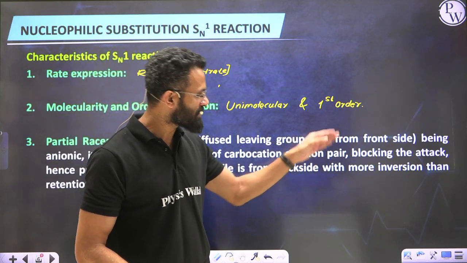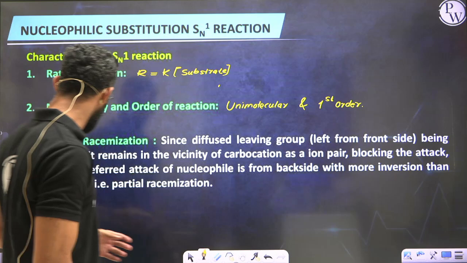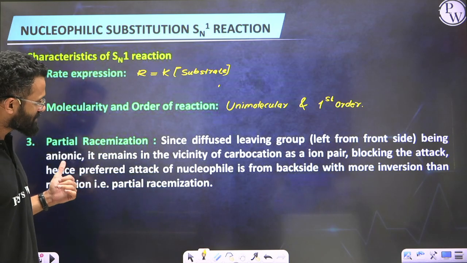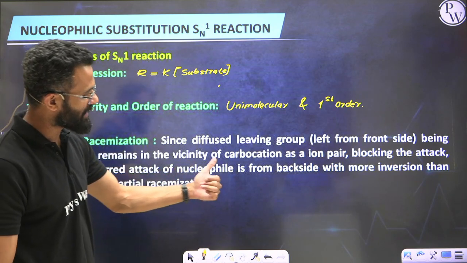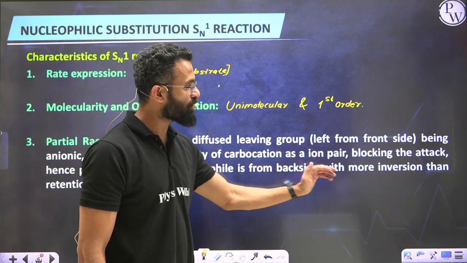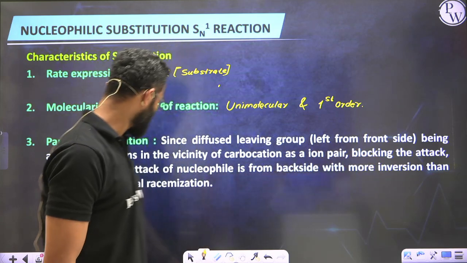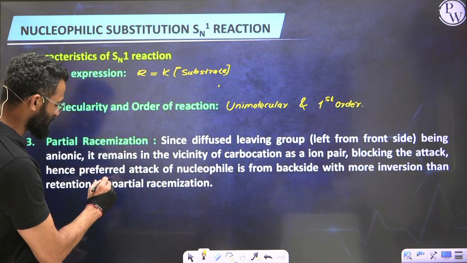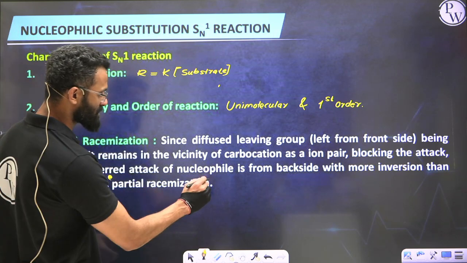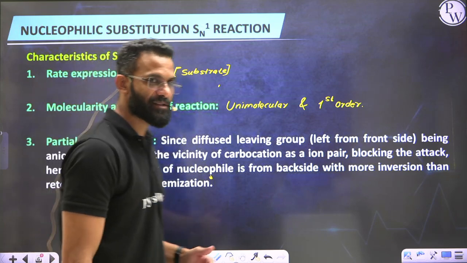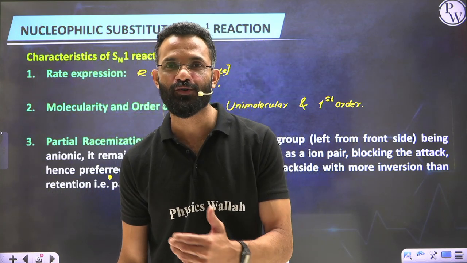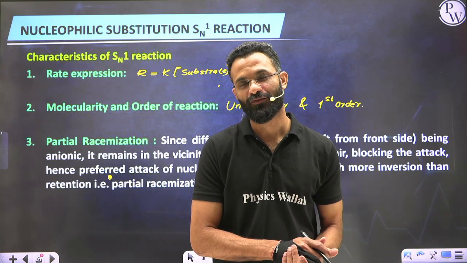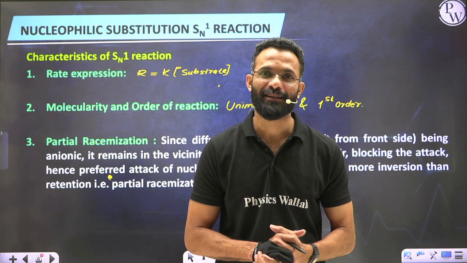As a result it blocks the attack of the incoming nucleophile, that is water, from the front side. Hence the preferred attack of the nucleophile takes place from the back side with more inversion of configuration than retention of configuration. Hence the general term that we use here is partial racemization. But remember, in partial racemization, the contribution of the inverted product is always going to be more than the retention of configuration product, and this is experimentally supported.